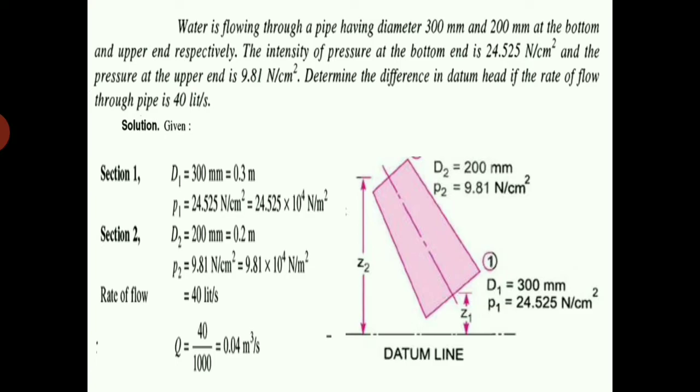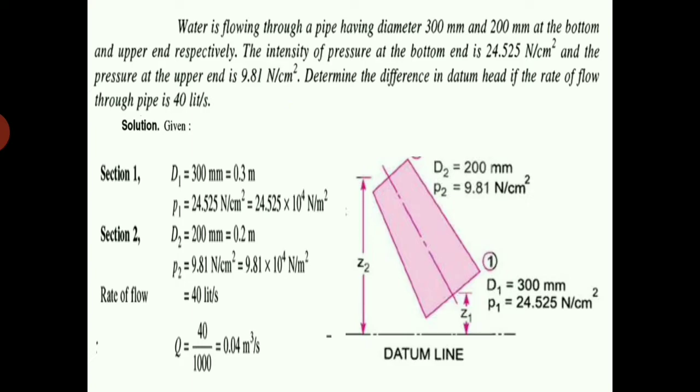The second numerical is that water is flowing through a pipe having diameter 300 mm and 200 mm at bottom and upper end respectively. The intensity of pressure at bottom end is 24.525 Newton per centimeter square and the pressure at upper end is 9.81 Newton per centimeter square.